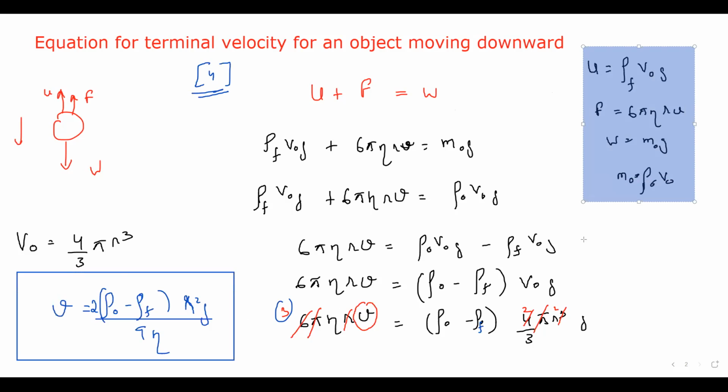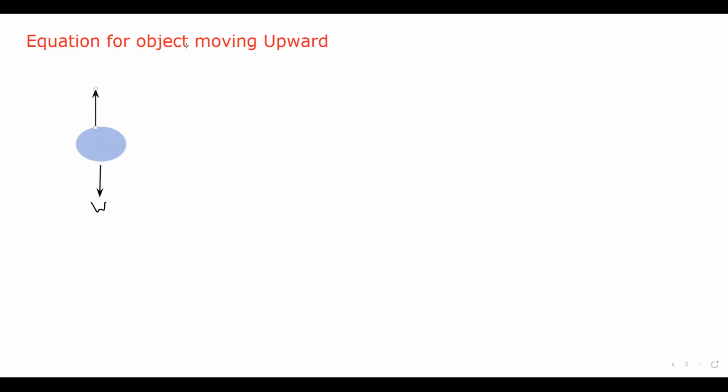Same way, if an object is moving upward, the weight of the object is acting down, upthrust is acting up, and the viscous drag is opposing the motion.